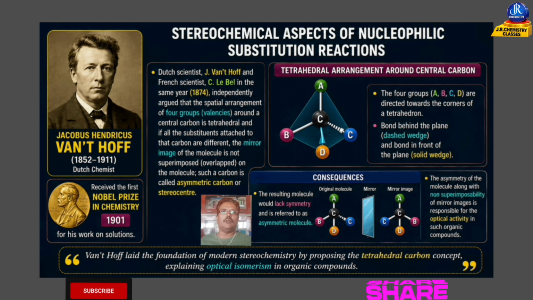Such a carbon is called an asymmetric carbon or stereocenter. The resulting molecule would lack symmetry and is referred to as an asymmetric molecule. The asymmetry of the molecule, along with the non-superimposability of mirror images, is responsible for the optical activity in such organic compounds.